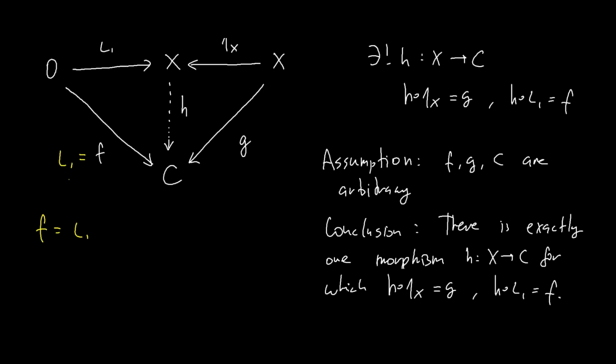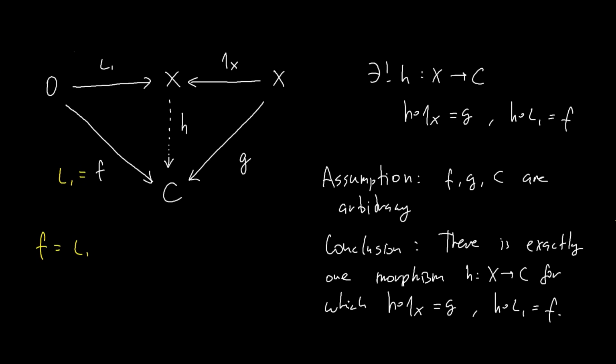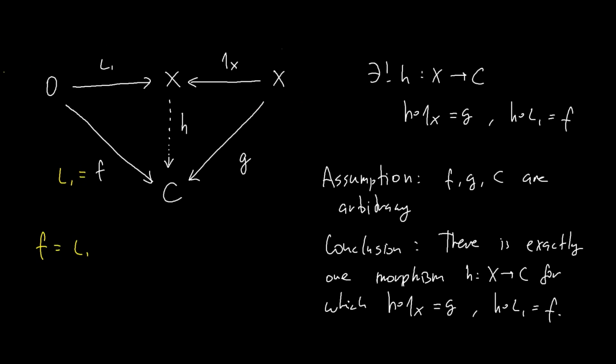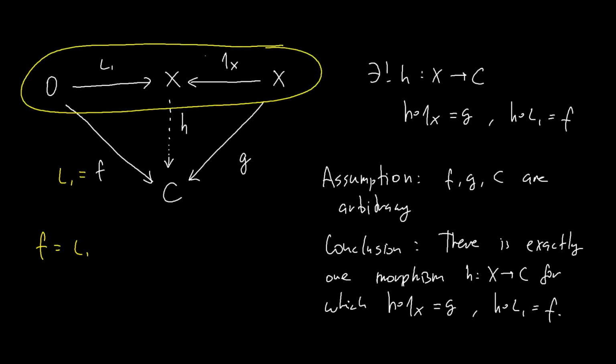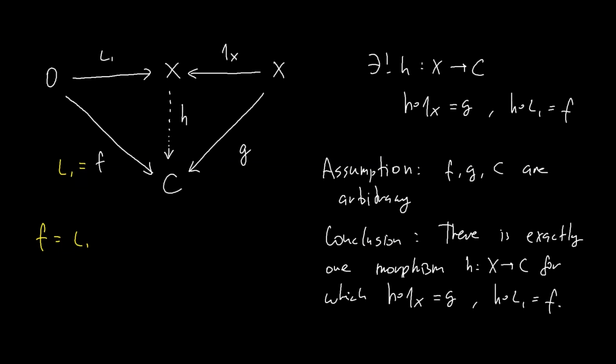So we already know that H exists because of our definition of sum in a category, right? No, we're trying to build the sum in this case. If we knew that this was a sum, then we would know H exists, but we don't know that this is a sum. We are trying to prove it is a sum. Okay. So to prove that this is a sum, we want to prove that H exists and is unique. Does that make sense? Okay, yeah.